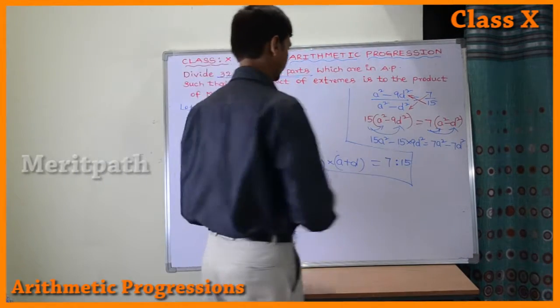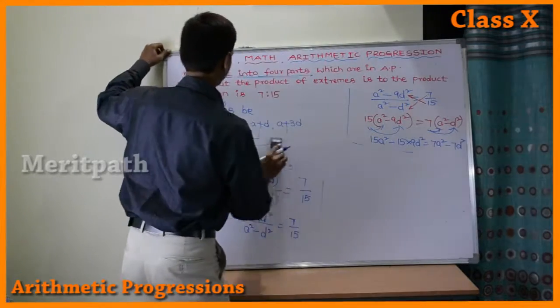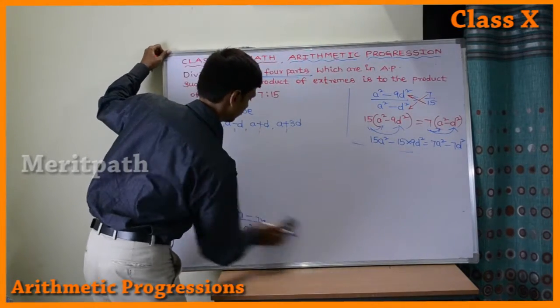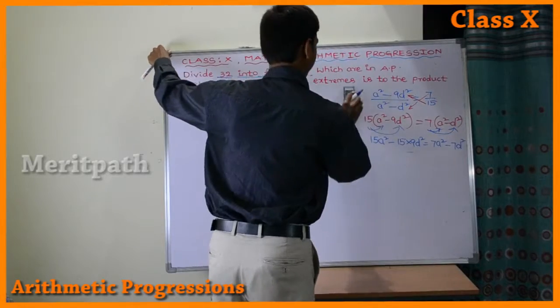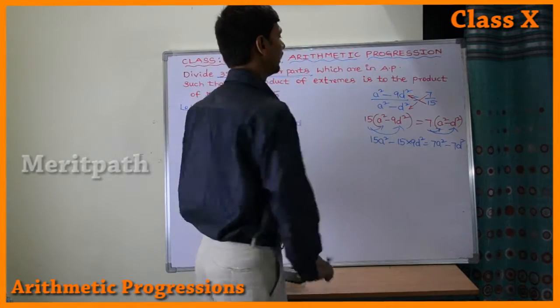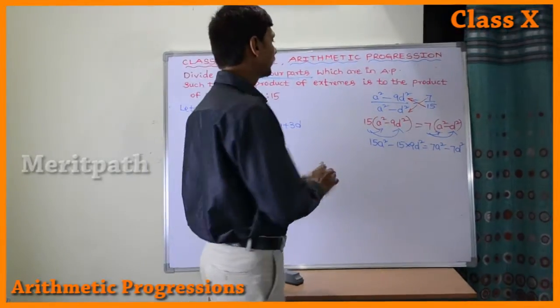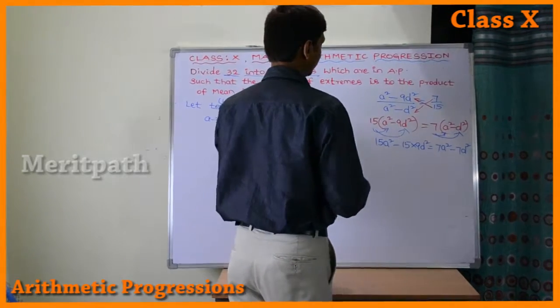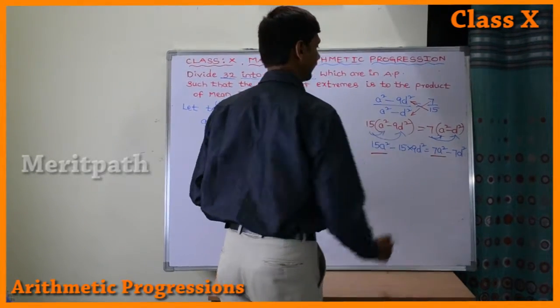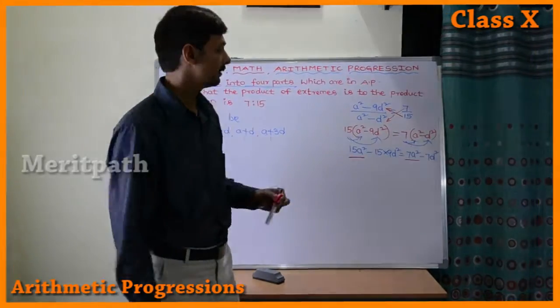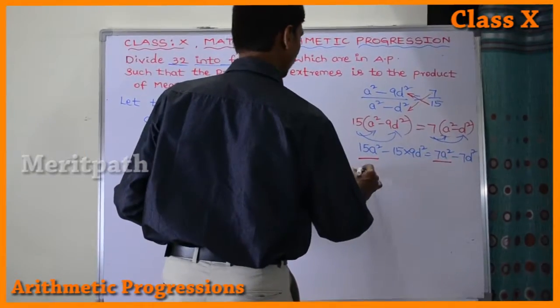Here we can see that there is a square term here and there are square terms here. So let us transpose this a square to the left hand side.